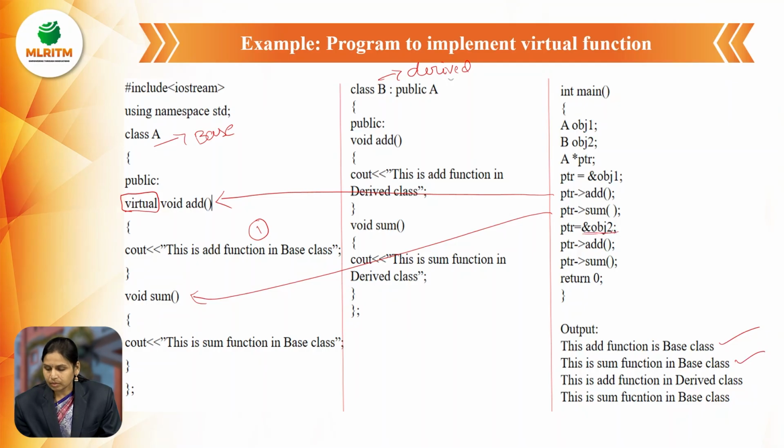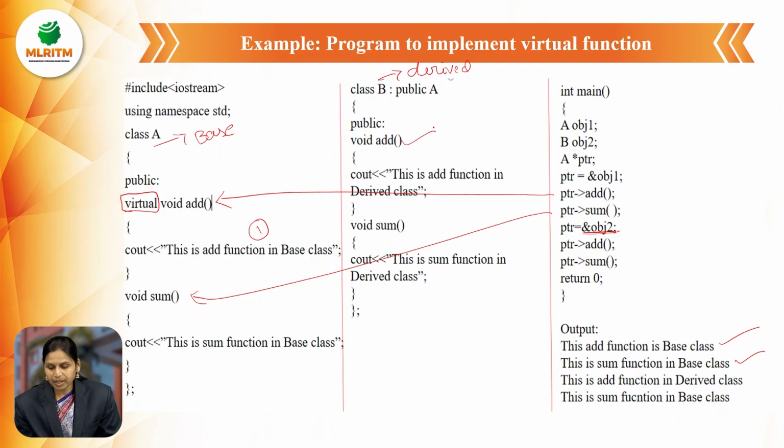Next, we copy the object 2 address into the pointer variable. Now, by using that pointer, we call the add function. The control tries to go to the add function in the base class, but it does not execute that function because it is declared as virtual. Then it verifies the same function in the child classes.